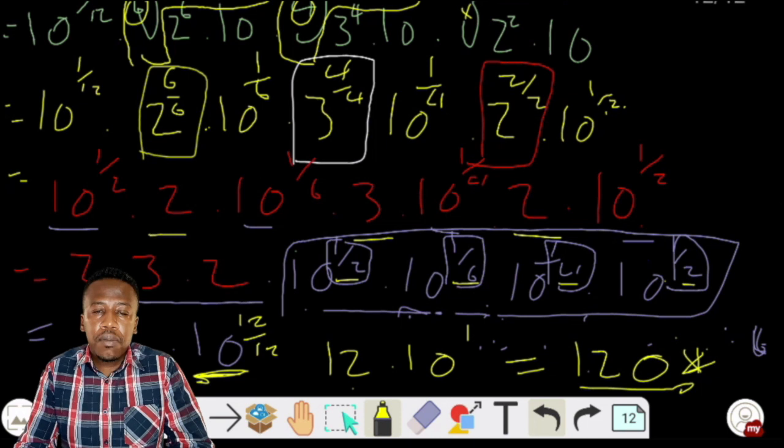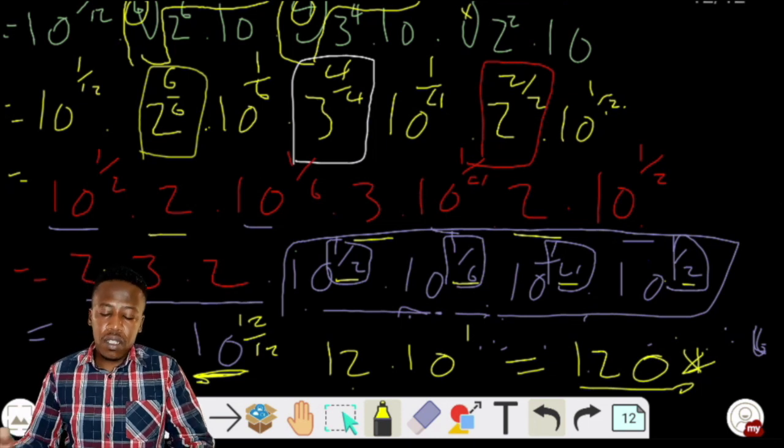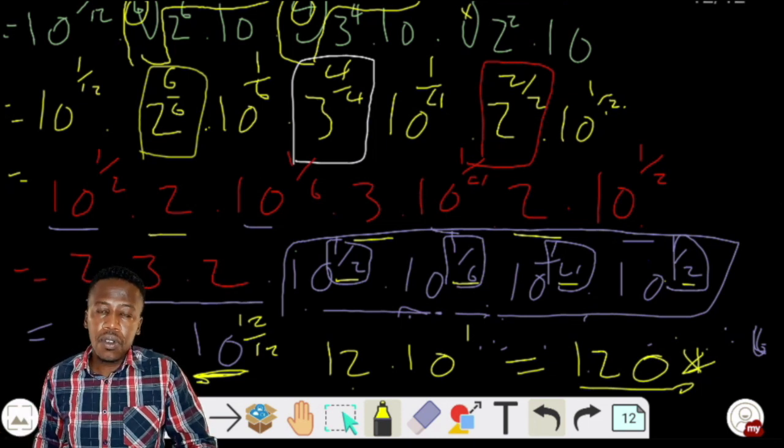This is a nice sum for you guys to practice and understand the exponential laws and how to apply the prime bases and how to subtract or add the exponents.